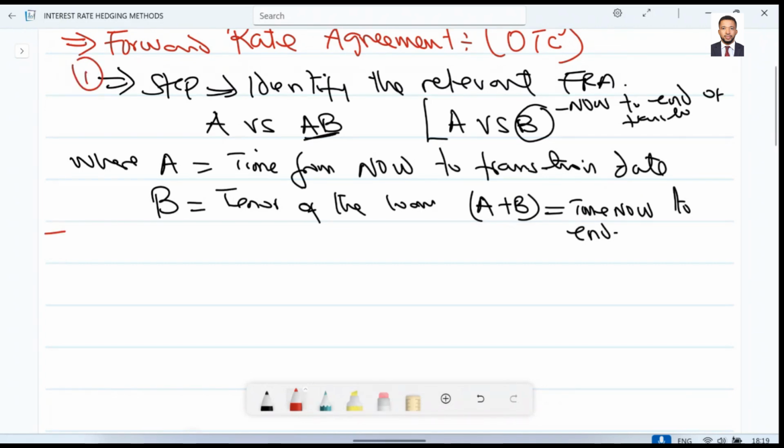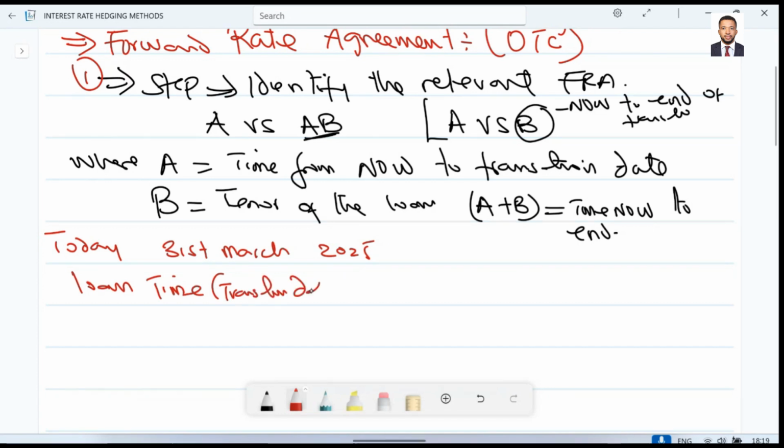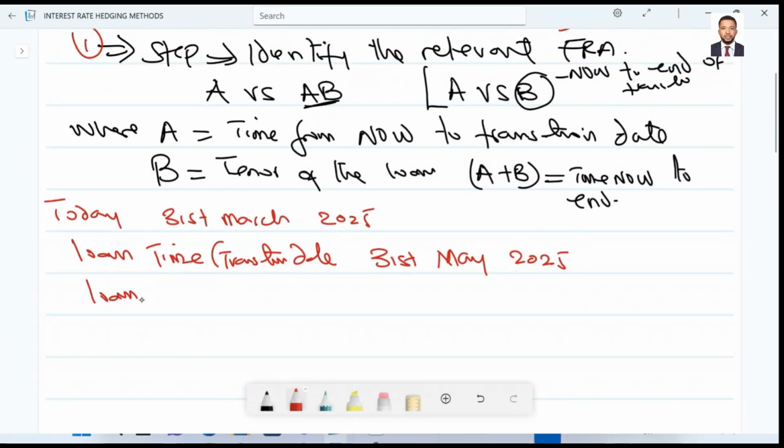If today is 31st March 2025, and I want to take a loan, the date I take the loan is my transaction date. The transaction date is 31st May 2025. Loan tenor is 4 months.